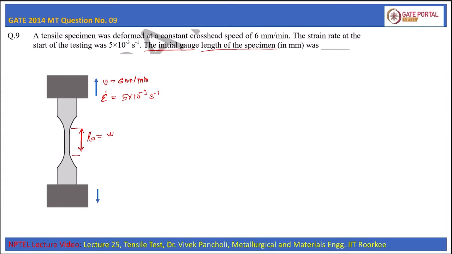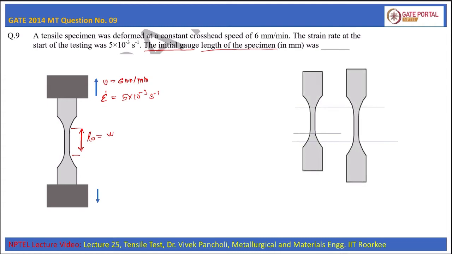So now if after some time the gauge length of the sample becomes L, then the change in length delta L is equal to L minus L0.